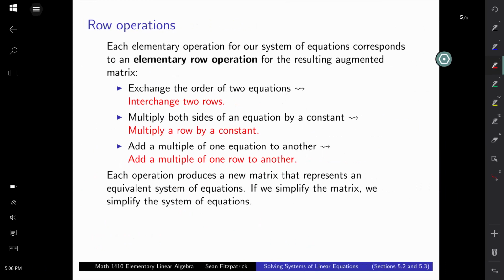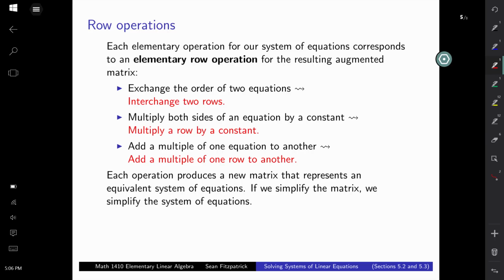And the main way that we simplify is we combine equations to cancel variables, and we do that by multiplying an equation by a constant and then adding that to one of the other equations. That corresponds to multiplying one of the rows by a constant and then adding that to one of the other rows.